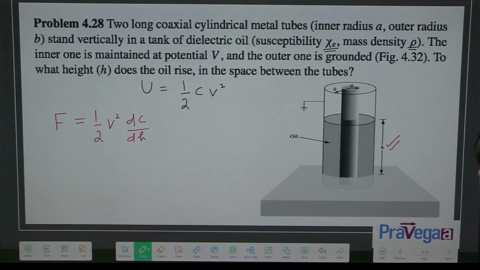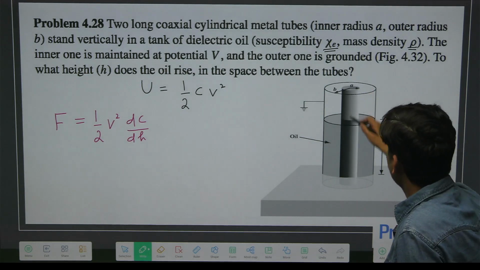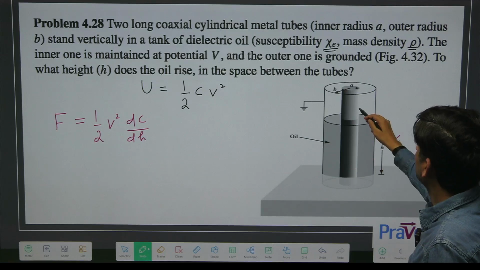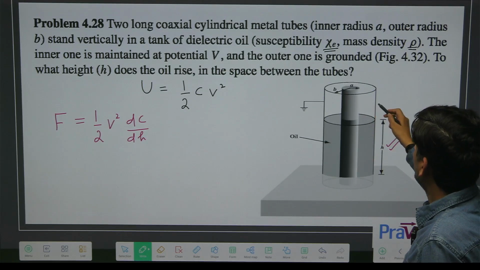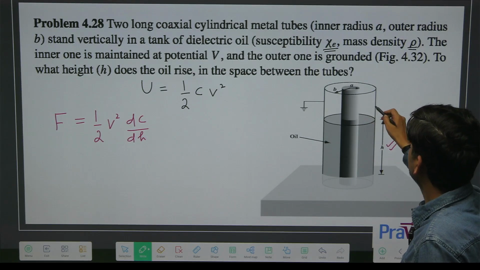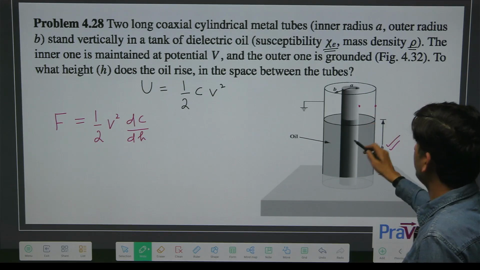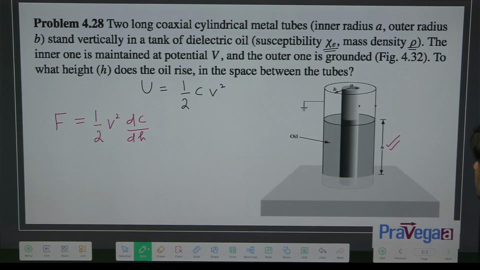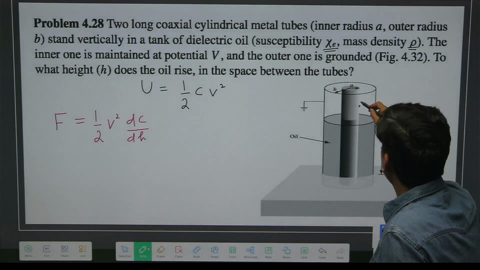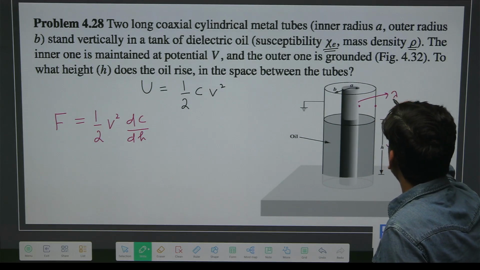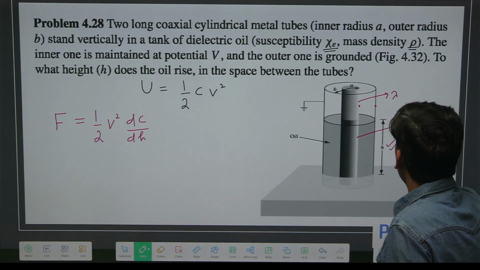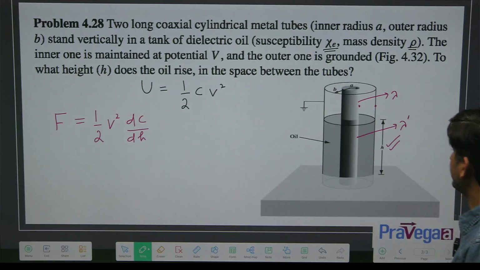So what I will do, I will just consider it as a thin rod because I want the potential difference between this and this point, and I want to write the electric field also for some purpose. We will see that. So I will take a linear charge density here as lambda, and in the oil, because we have a different dielectric medium, let us take the charge density as lambda dash.